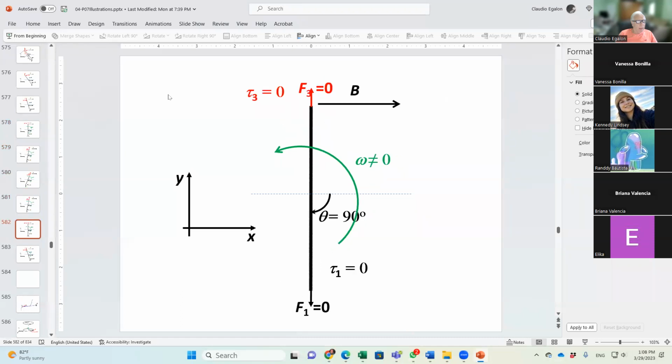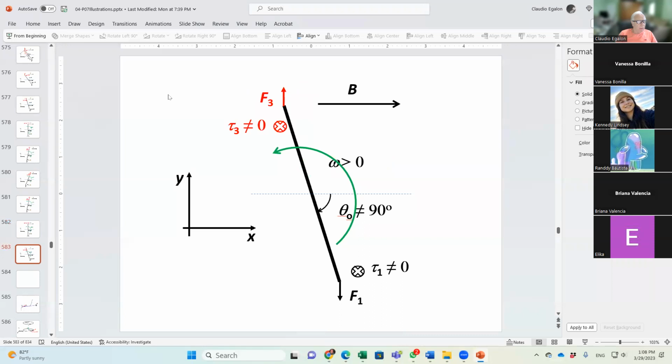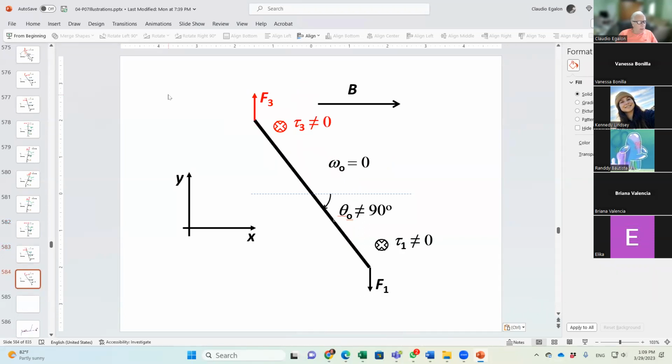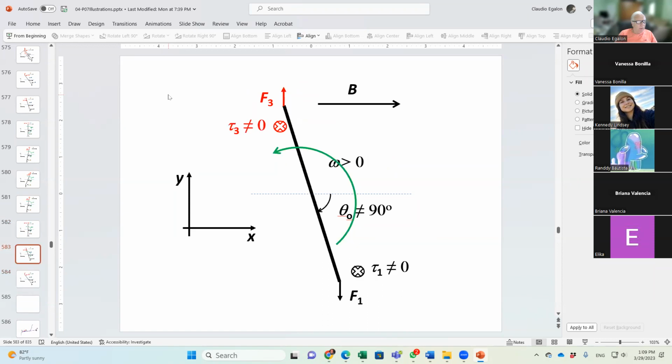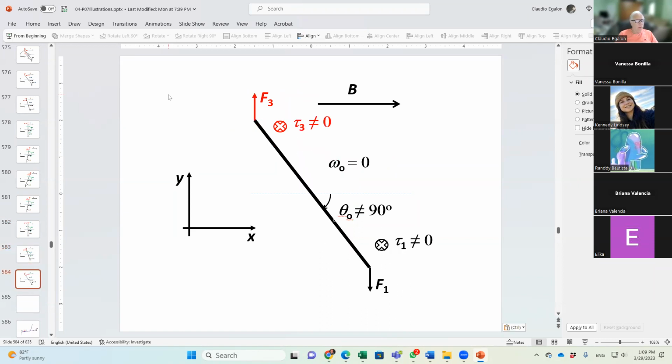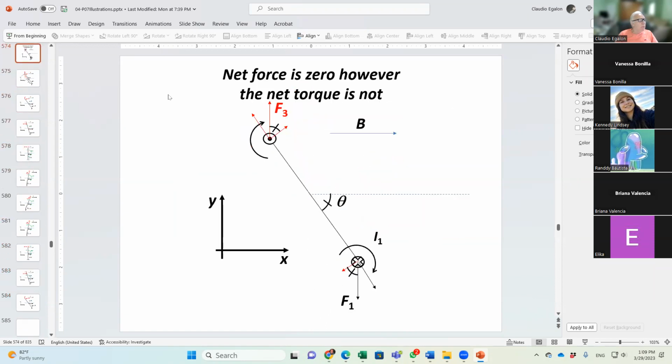It is rotating back, and then I must have the last one here, which is going to be omega equal to 0. Okay, so that's what happens to my loop, my current loop.